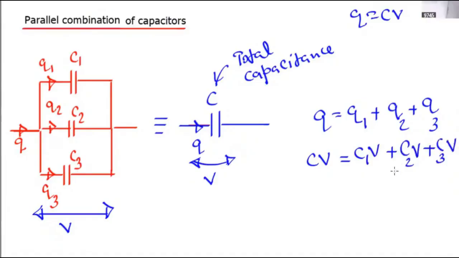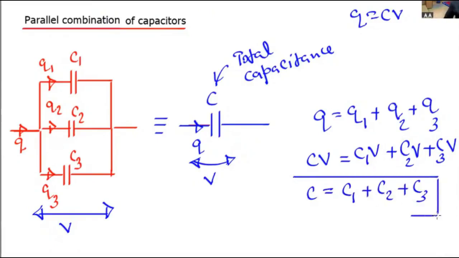The potential difference for all the capacitors is V, so V cancels, then C equals C1 plus C2 plus C3. To get the total capacitance of the parallel connection, we have to add all the capacitances, right? We have to take the sum of the capacitances of the parallel network.